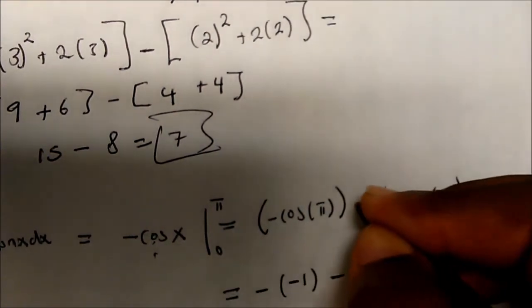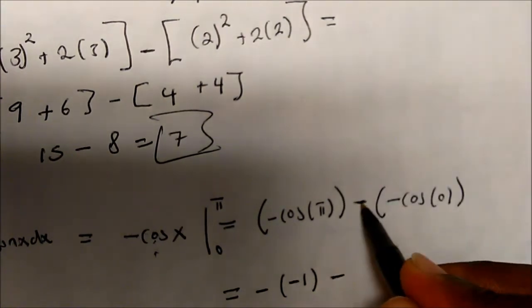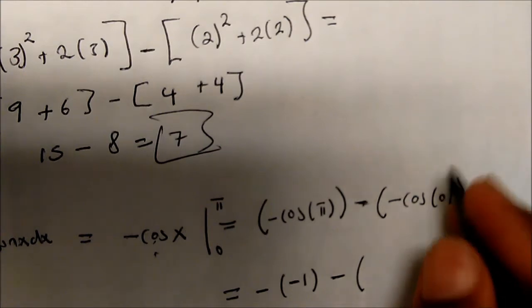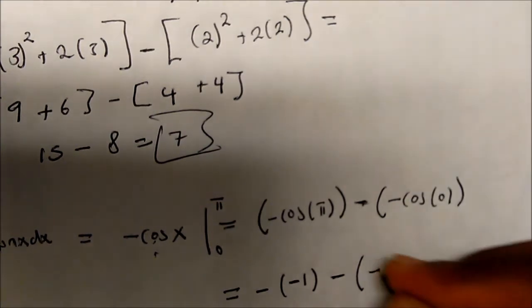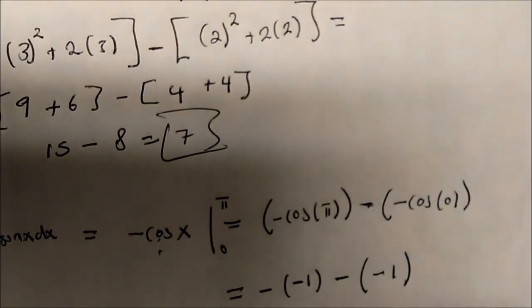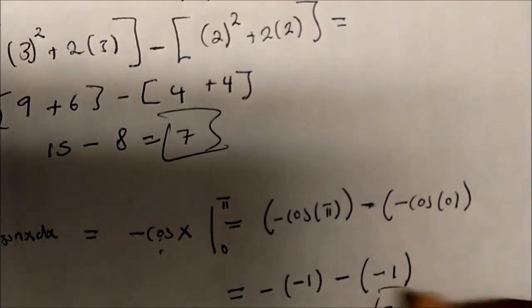I'm going to put my minus sign, which comes from here, and then cosine of 0 is just 1, so this is negative 1. Negative times a negative is a positive, so this is just 1 plus 1, which will be 2.